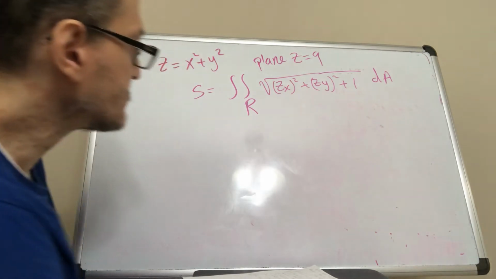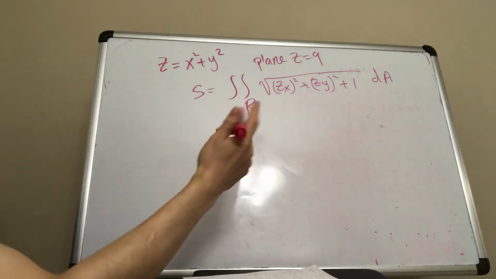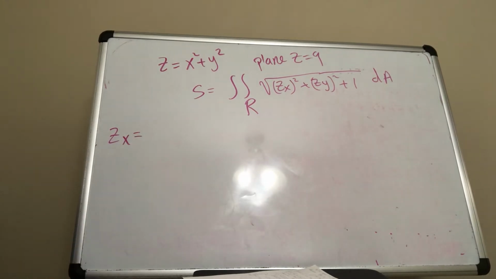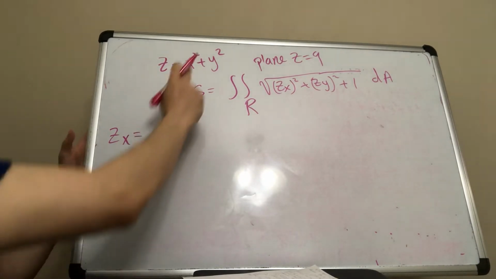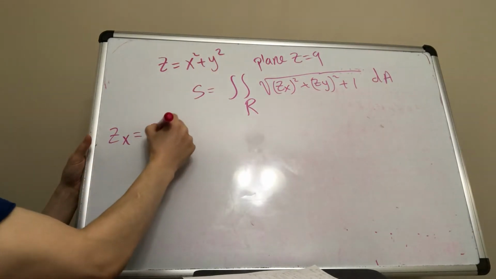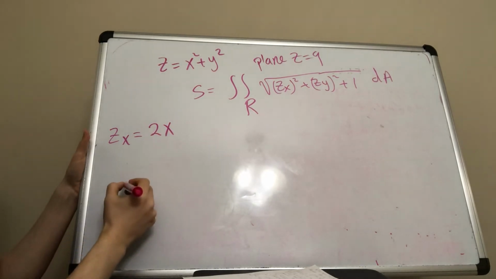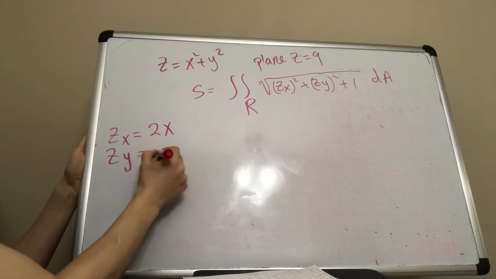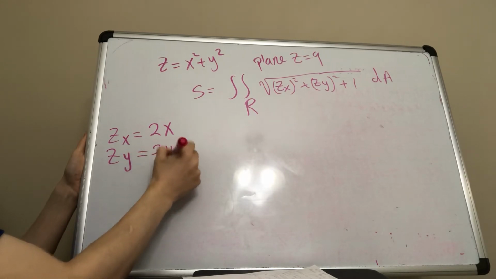Now let's see. This is the equation. So the first thing is we need to find z_x. The derivative of this with respect to x is 2x, and the derivative of this with respect to y is 2y.